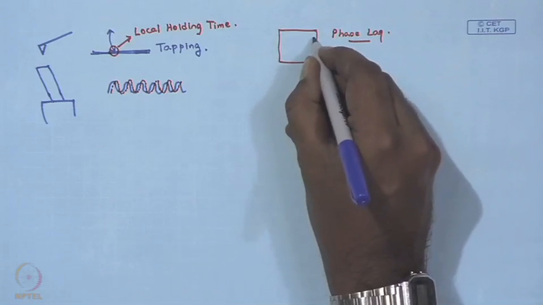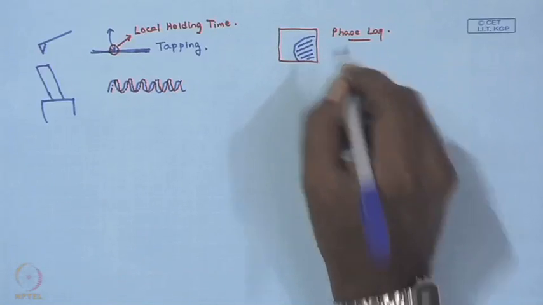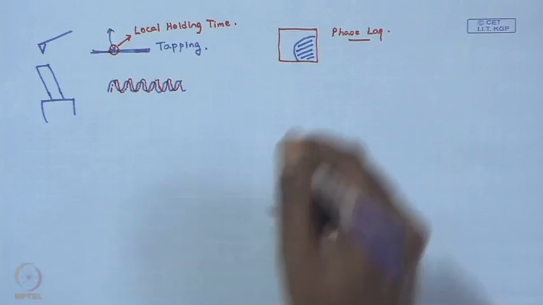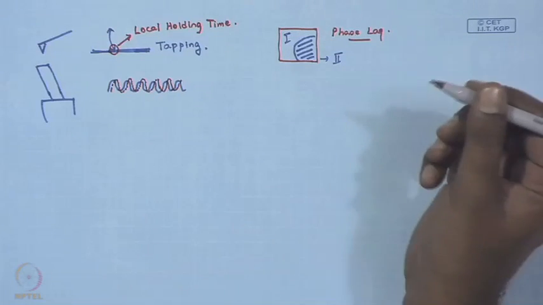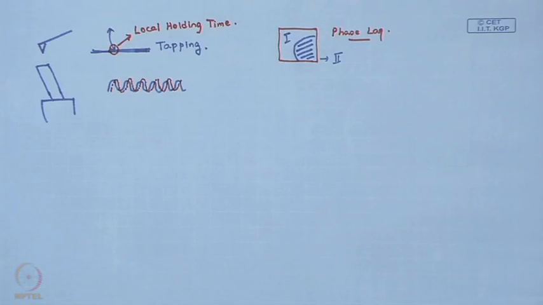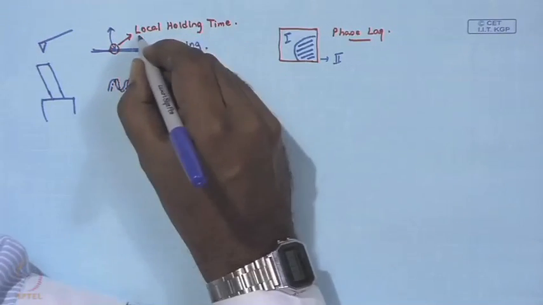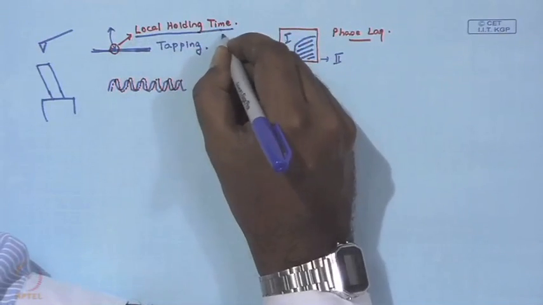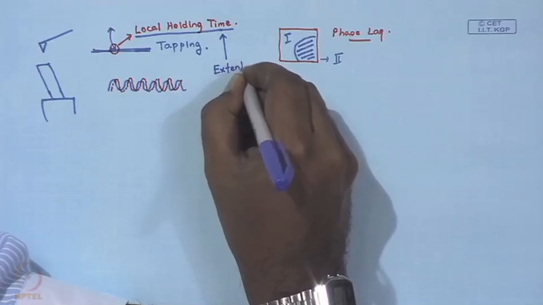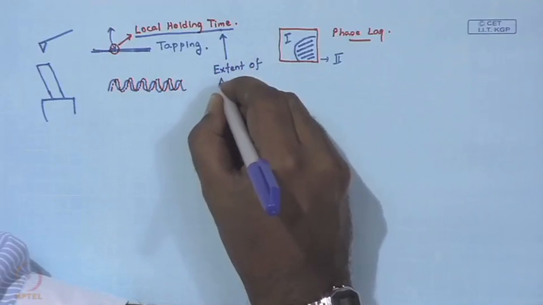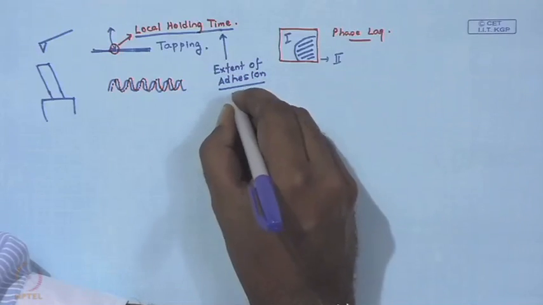However, if you have different domains on the surface, let us say domain 2 and domain 1, then because the surface properties are different, this local holding time, which is a measure of the extent of adhesion, is going to be different.